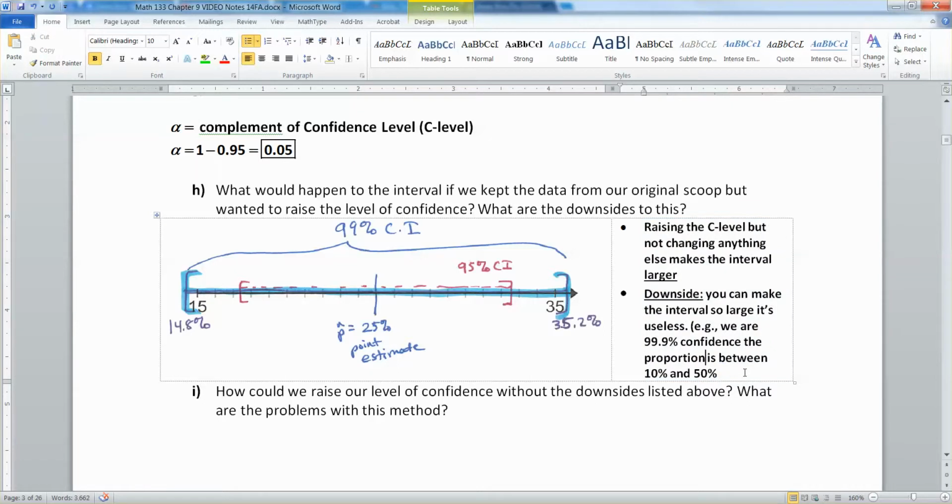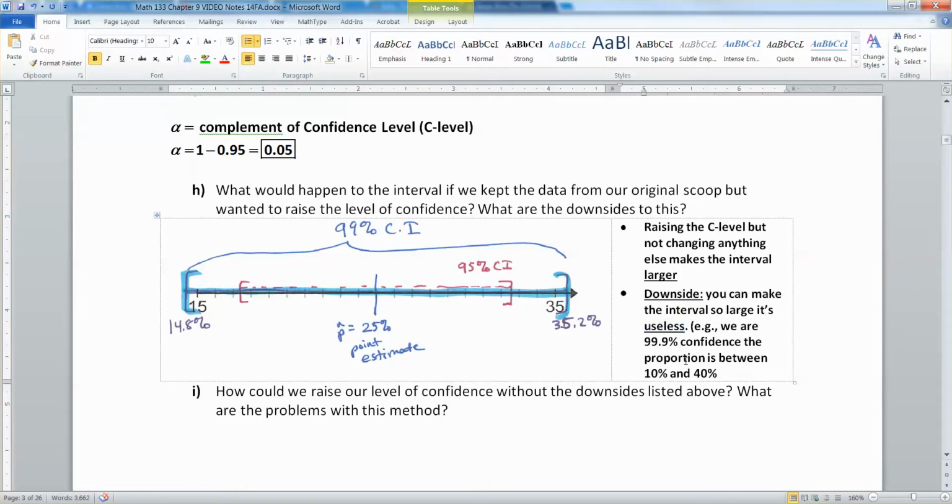Because how good is it for you to think it's between 10 and 50? Actually, 10 and 50 wouldn't work for this one. It'd be 10 and 40, right? So 10 is 15 away to the bad, and then 15 away to the good would be 40. So that's a huge window. I think that somewhere between 10% and 40% of people think this. That's just huge, right?